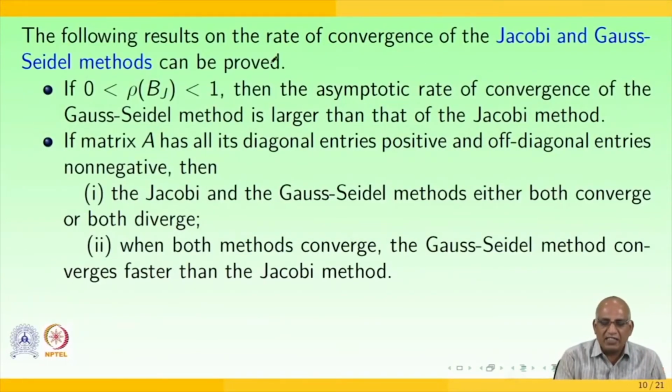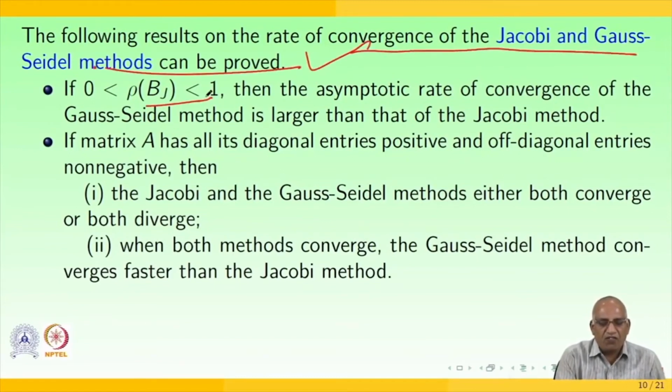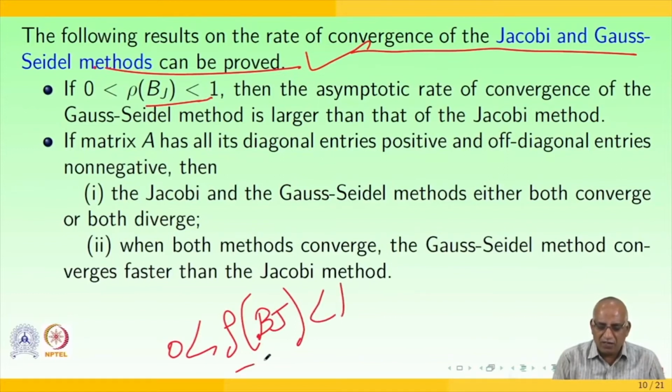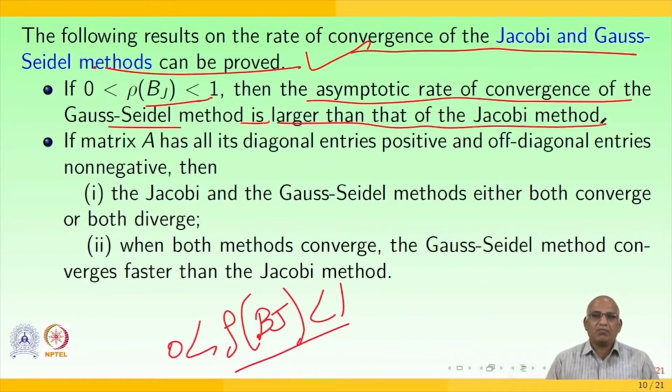The following results on the rate of convergence of the Jacobi and Gauss-Seidel methods can be proved. If rho of BGS is less than rho of BJ, which is less than 1, then the asymptotic rate of convergence of the Gauss-Seidel method is larger than that of the Jacobi method.